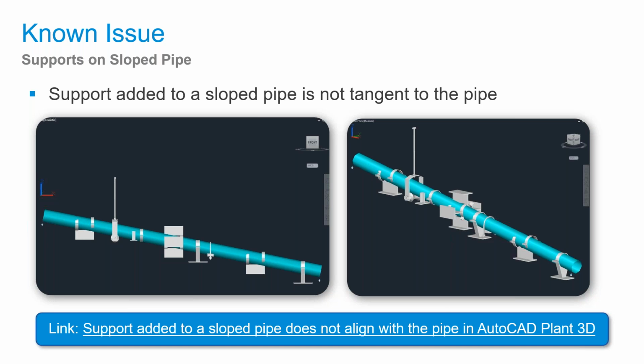It's not really too big of an issue on certain things like a support hanger like that, but the other ones it definitely shows up, and it's a graphical thing. It will still use the same point there for the ISOs, but in the model it's not going to look right. So really no workaround for that at the moment.